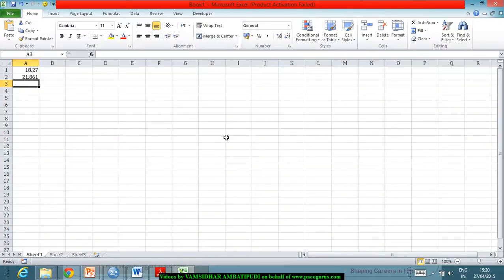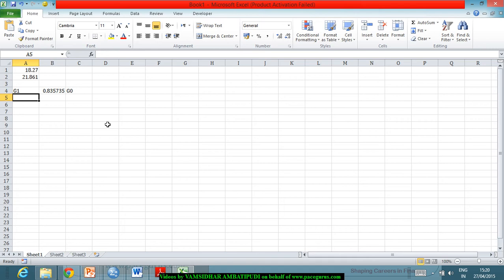So gamma 1 is coming out to 18.27 by 21.867 gamma 0, which is 0.83 times gamma 0. That is what is coming out for gamma 1.